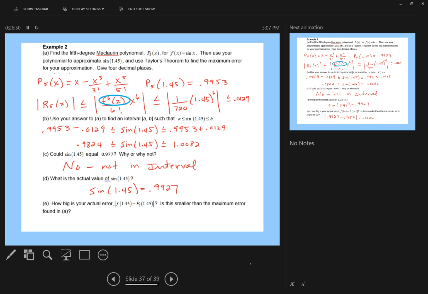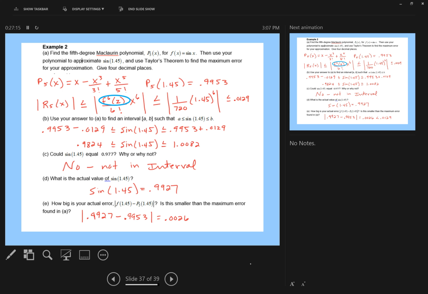When we compare the real value to the polynomial value, how much were we really off by? If I take my function value, which is 0.9927, and subtract out my polynomial estimate, which was 0.9953, I was actually off by 0.0026. That's how much I was truly off by using those terms for my estimate.